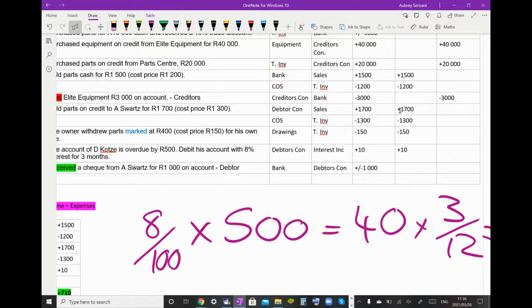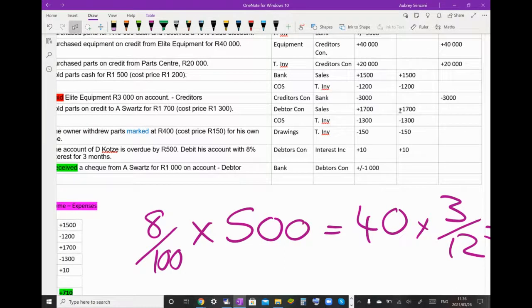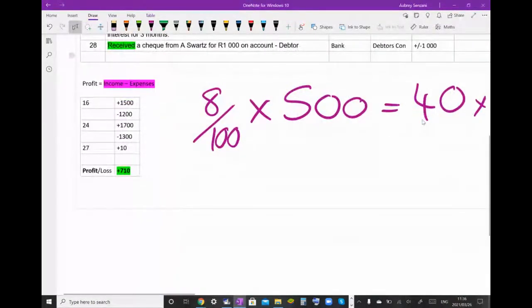We had already recorded that we received the income. And remember, when we're calculating profit, it's only income and expenses that we're looking at. If we look on the 28th, which accounts were affected? It was bank and debtors control, so it's just assets that were affected. Does that answer your question? Brilliant question.